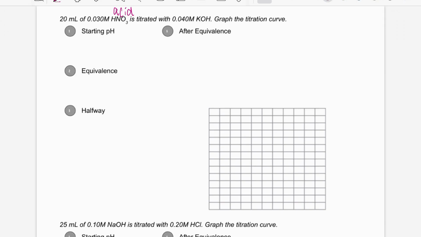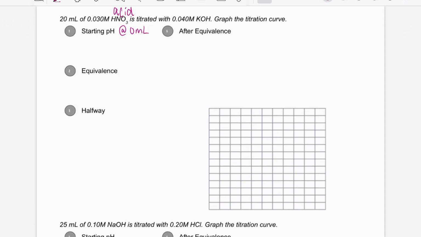Since we do have a strong acid and strong base, for part A we can find the starting pH, and this is at a volume of 0 milliliters of our base added, because when we go to graph, this would be at 0 on the x-axis.